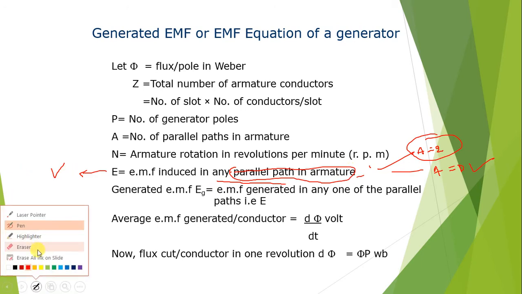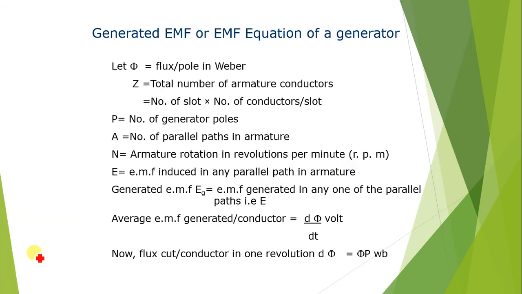But there are some other parameters which we have to consider. The total EMF generated in any one parallel path is E. The average EMF generated per conductor is d phi by dt, a time varying magnetic flux.